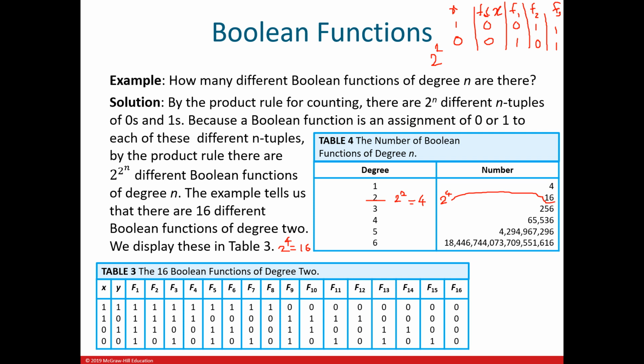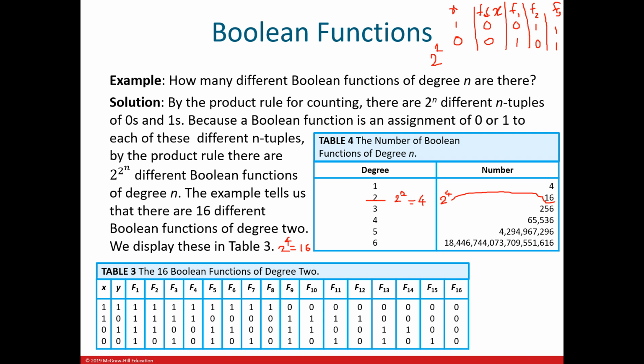So what are the 16 different functions that can be generated? Four bits taking different values, starting from 1111, 1110, 1101, and so on up to 0000. These are the 16 possible functions that we can build when we have degree 2.